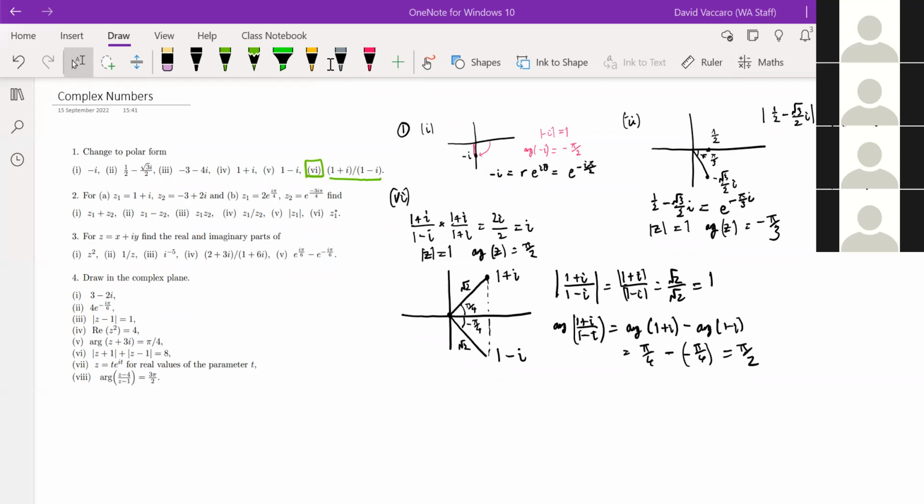So the question, would I say polar form is the same as exponential form? I don't know what the technical answer to that is. I think putting it in polar form is thinking of it as a vector defined by its modulus and argument.